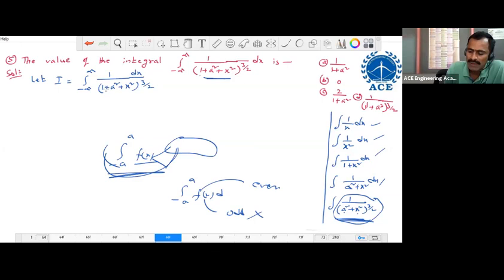But here, 1 is constant, a square is constant, x square is an even function. So 1 by this total function is also an even function. For an even function, we can directly add it 2 times. For an odd function, in the case of improper integrals, we cannot apply this property.